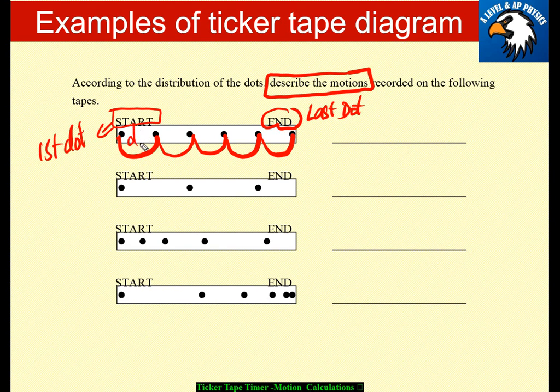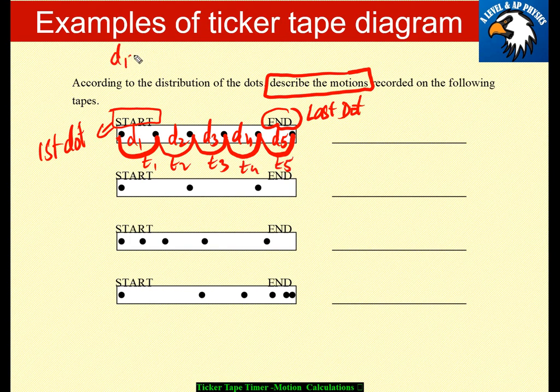I can also say that this is d1 and this is d2, and here is d3, and this is d4 and here is d5. For time, for example, this is t1 and this is t2 and this is t3, t4 and t5.